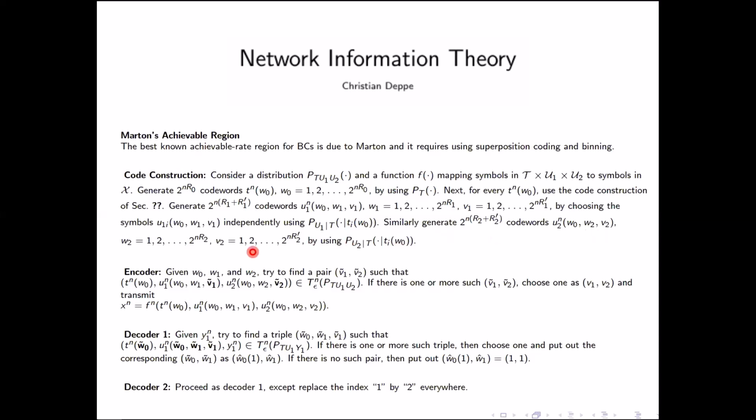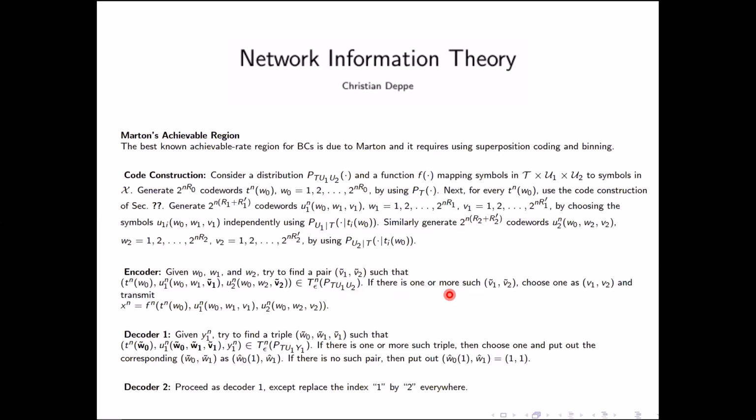Now what does the encoder do? He gets some W0, some W1, and some W2. First thing, he tries to find a pair V1 tilde and V2 tilde such that T^n(W0), U1^n(W0, W1, V1 tilde), and U2^n(W0, W2, V2 tilde) are jointly typical with respect to the joint distribution of T, U1 and U2.